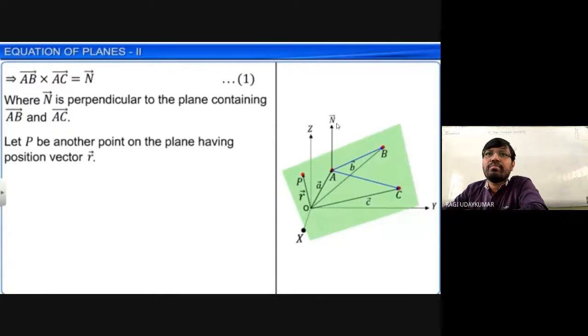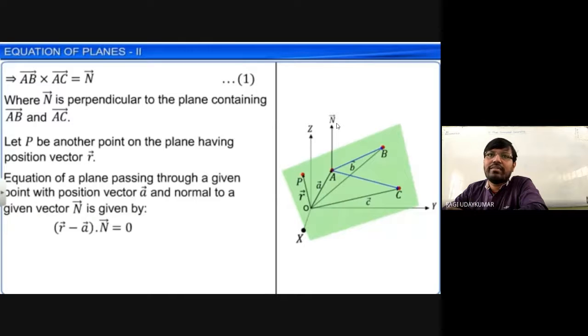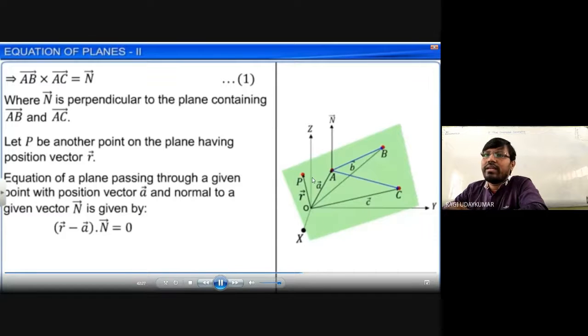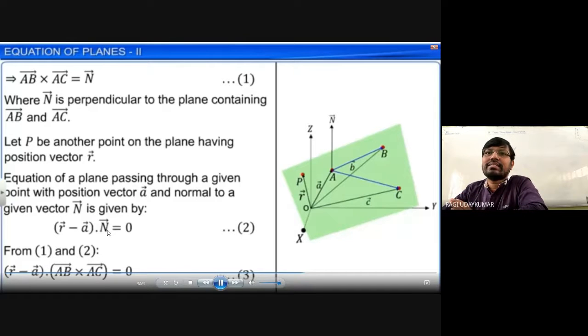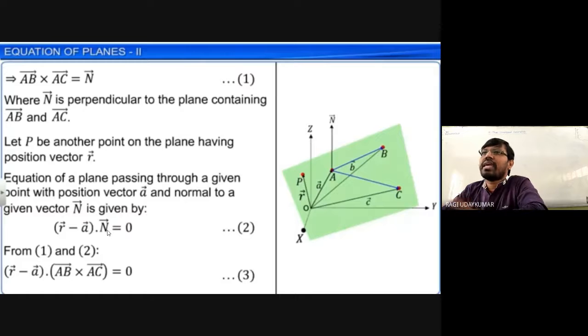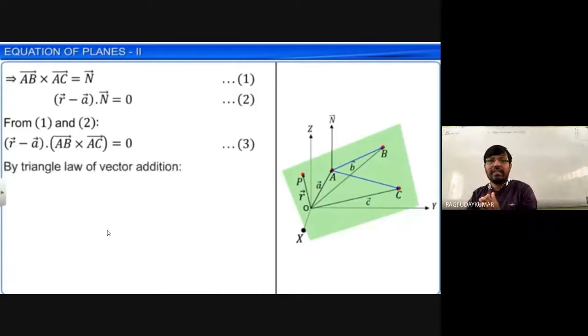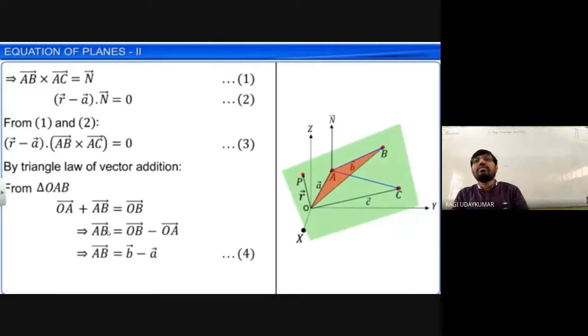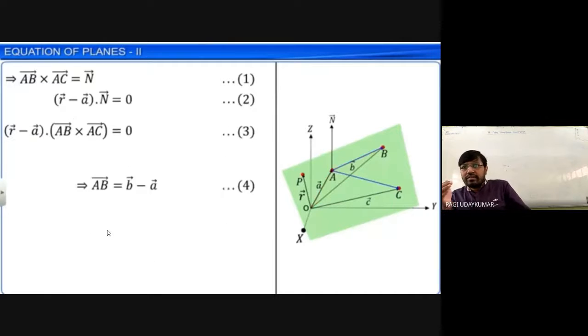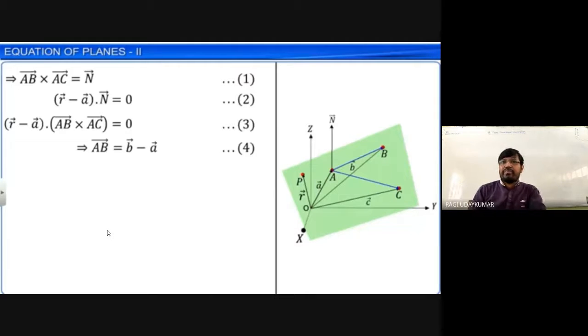P is any point in the plane having position vector R. Now a point is given and the normal is given, so passing through one point A, we have R bar minus A bar. Here n bar can be taken as the cross product of AB and AC, because the cross product gives a vector perpendicular to both vectors. How can we find AB? AB is B bar minus A bar, and by the triangle law AC is C bar minus A bar.